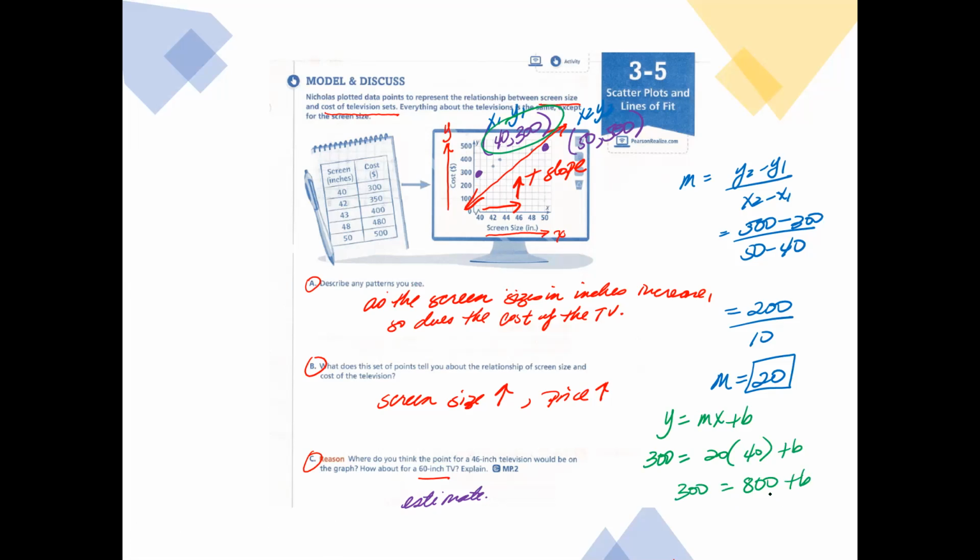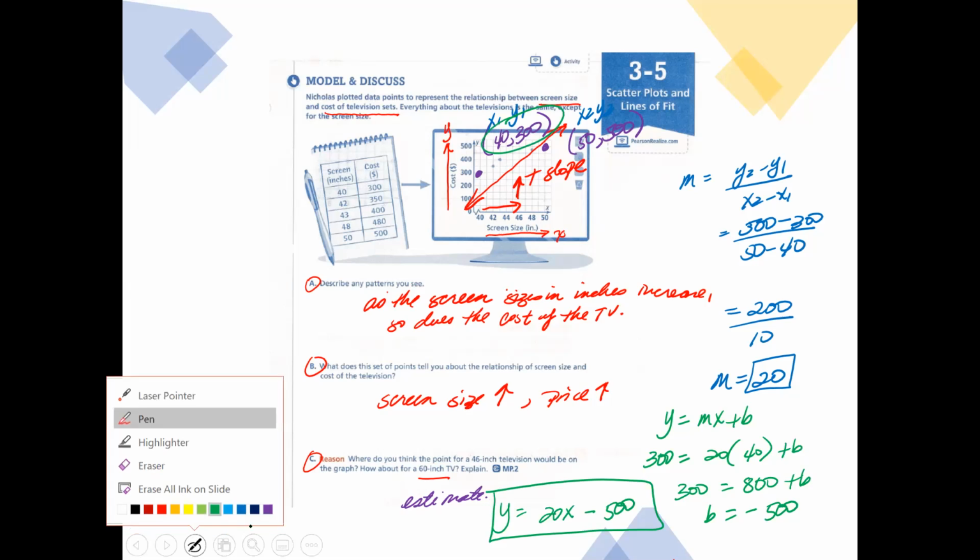So then you're going to go ahead and subtract it. b equals negative 500. y equals 20x minus 500. And this is your equation.